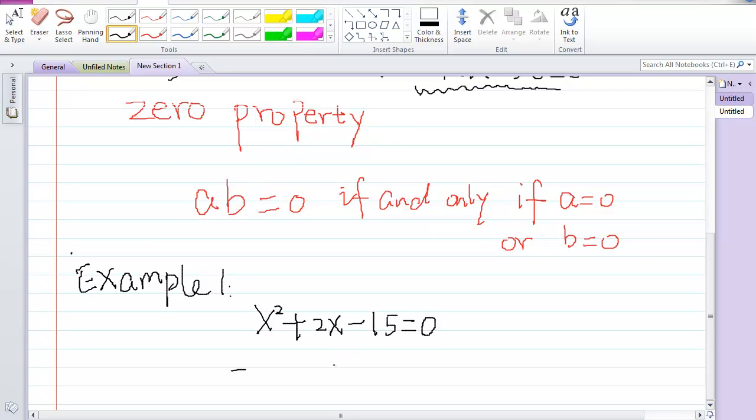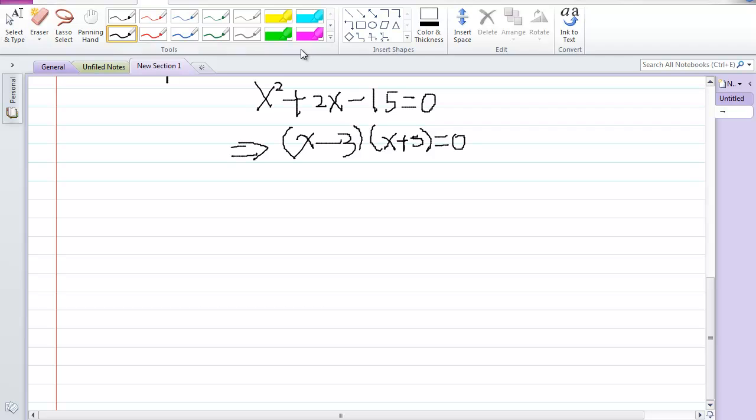It is in the standard form. So first we can factor it. This becomes x minus 3 times x plus 5 equals 0.